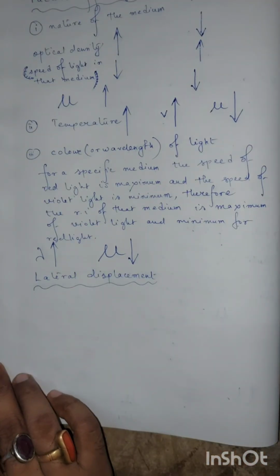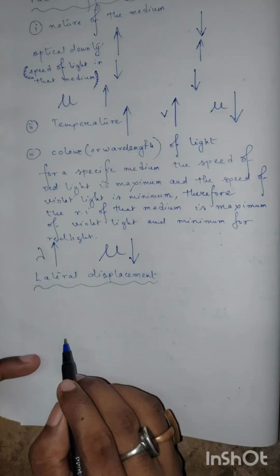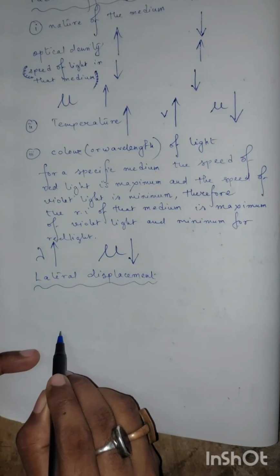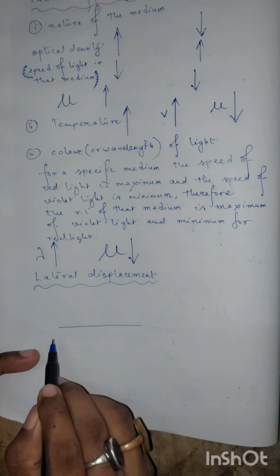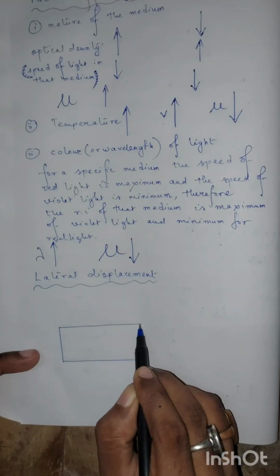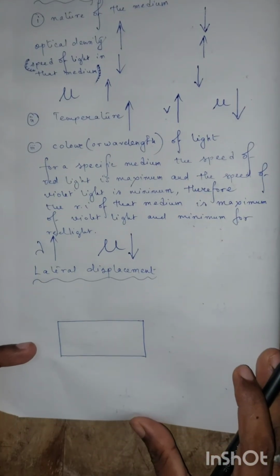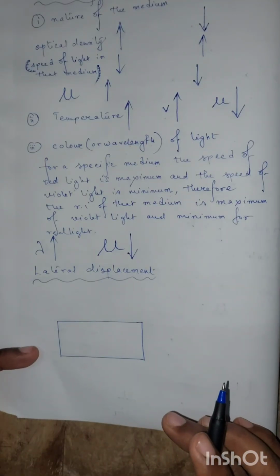Now we are going to learn about lateral displacement. Let us assume we have a rectangular glass block. This is our rectangular glass block.